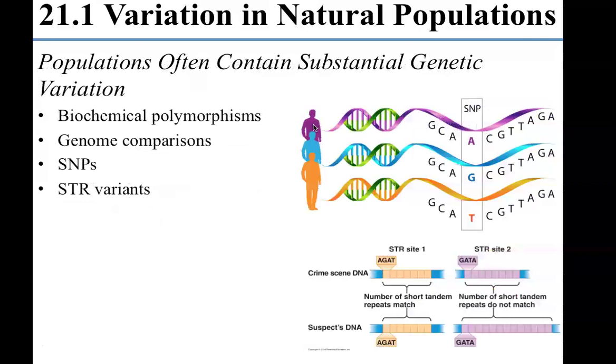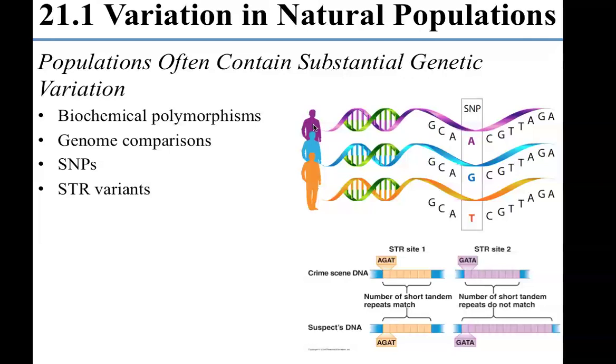Populations have genetic variation, and we can look at this in a couple different ways. One is biochemical polymorphisms. Basically, when scientists are studying species and trying to figure out how closely related they are or how different they are to determine their evolutionary relatedness, they can use techniques where they put genes or sections of DNA onto a gel, and they zap it with electricity.